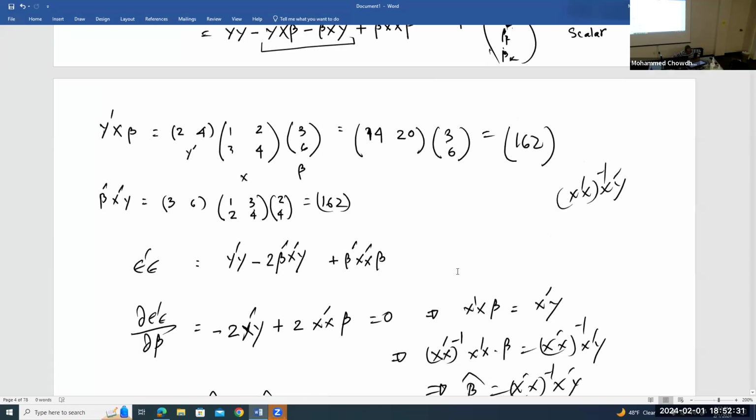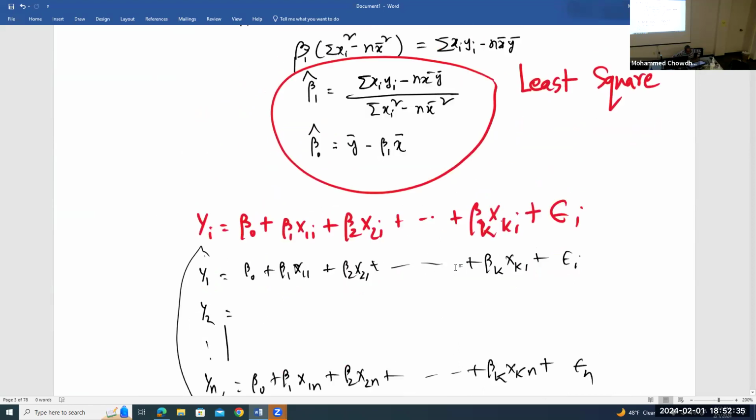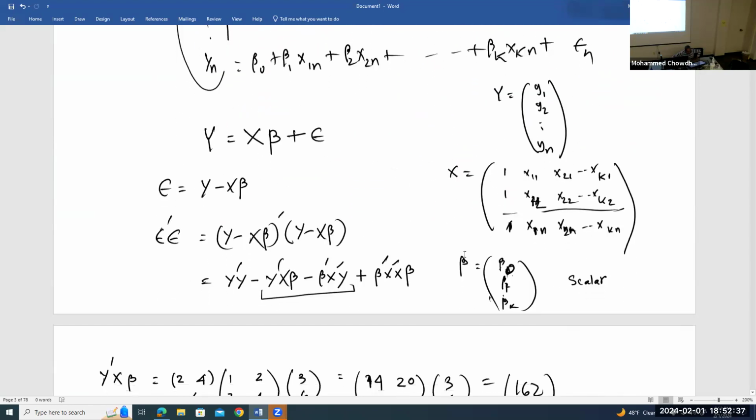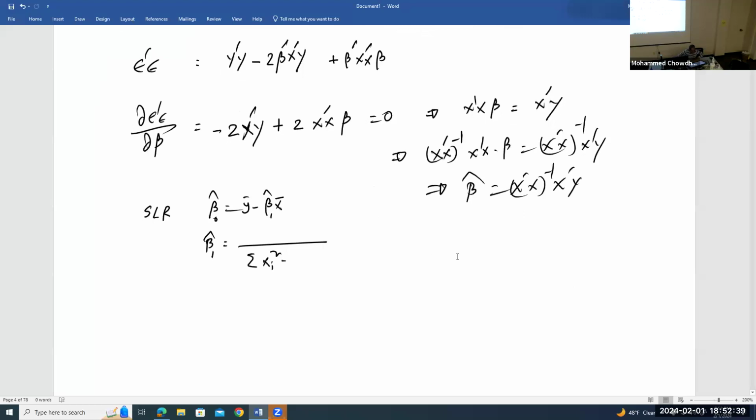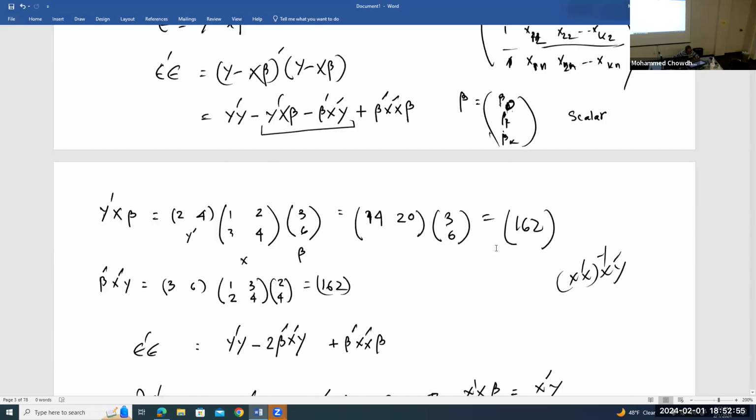Let me check, I forgot after derivation. Let me see, n x bar y bar, not square.